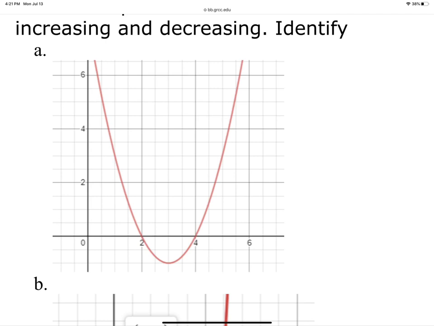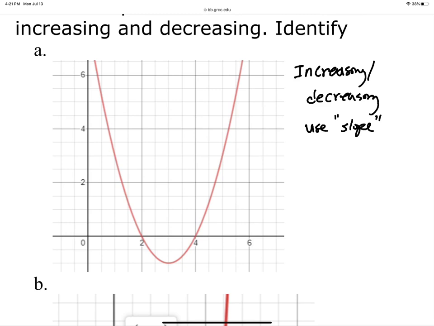When we're looking at which intervals are increasing and decreasing, we've got to figure out what that even means. What we're going to use is slope. You're probably wondering how to use slope when this is a quadratic. What we're going to use is the slope of a straight line. Think about a pencil in your hand.